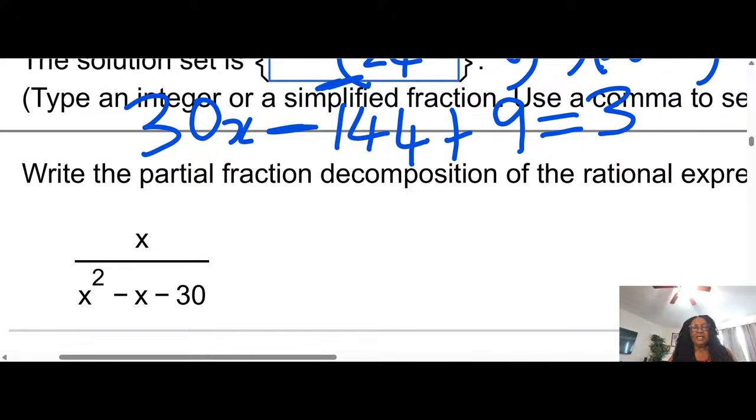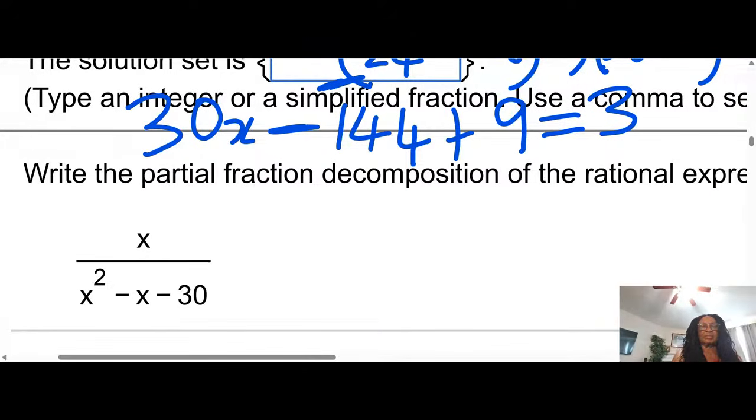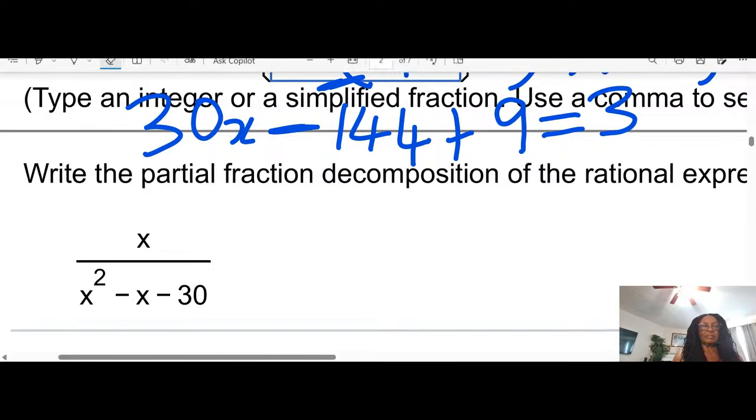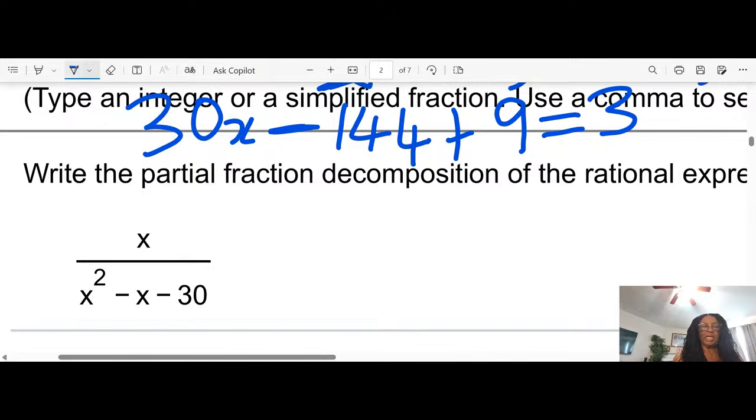All right, so collecting like terms, I want to collect all the constants to the right hand side. And by the way, 144 plus 9, so I can just put all of them on the right hand side. So I have 30x.